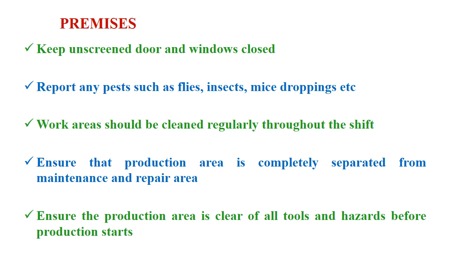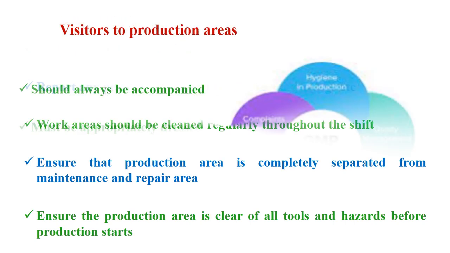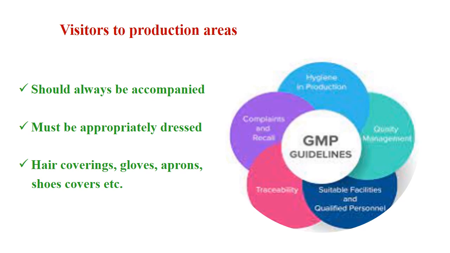Ensure that the production area is completely separated from the maintenance and repair area. Ensure the production area is clear of all tools and hazards before production starts. So these are some of the specific precautions to be followed in the working areas or premises for maintaining GMP.